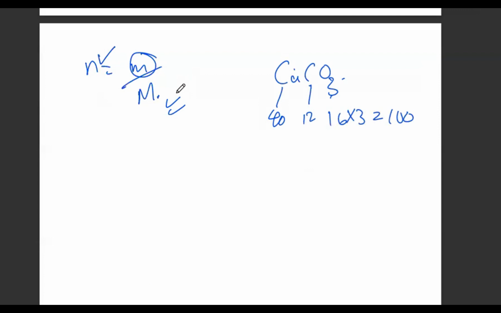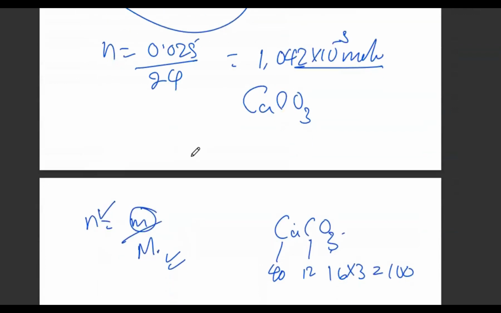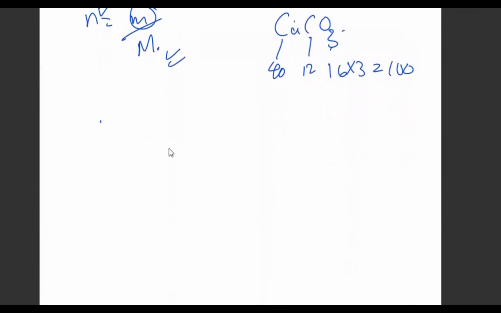Since I have 100, the number of moles, which is 1.042 times 10 to the power negative 3, is equal to mass, which I don't know, over 100.